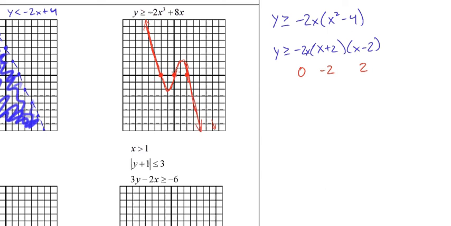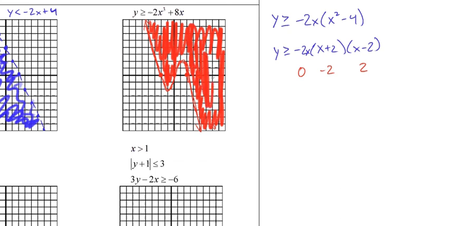Looks something like that, the line itself. Now I'm looking for where y is greater than, and so I'm just going to shade up above. All right, and so really nothing new, just all we're adding is shading.